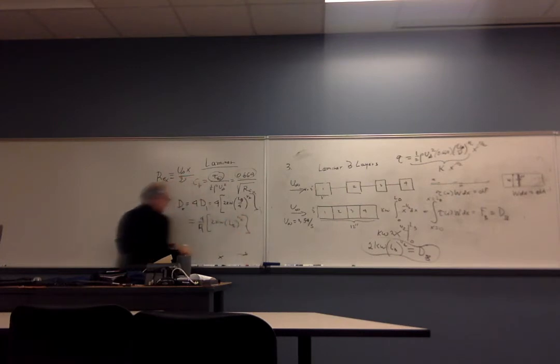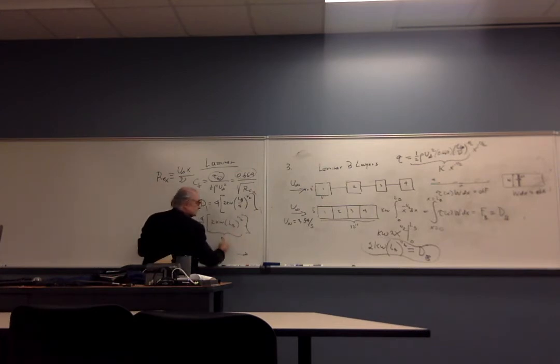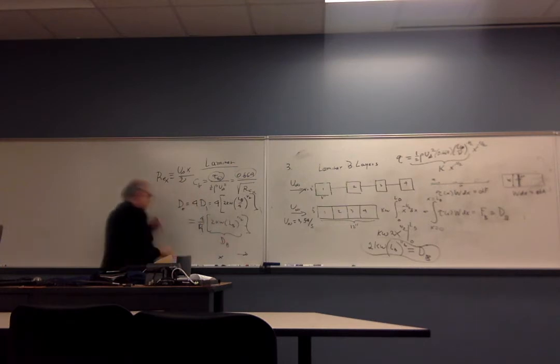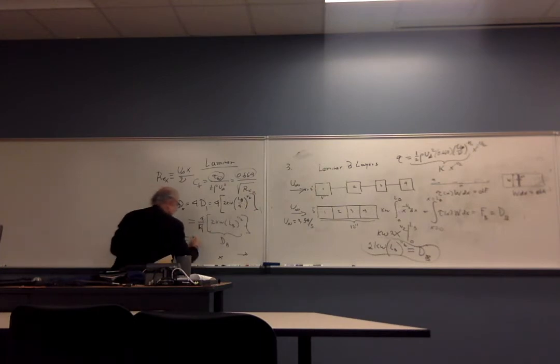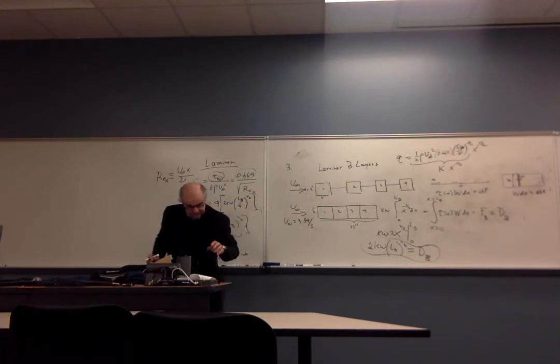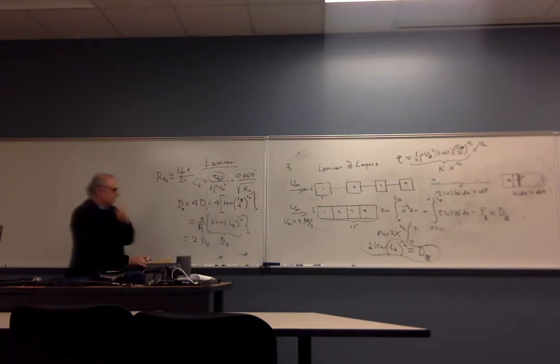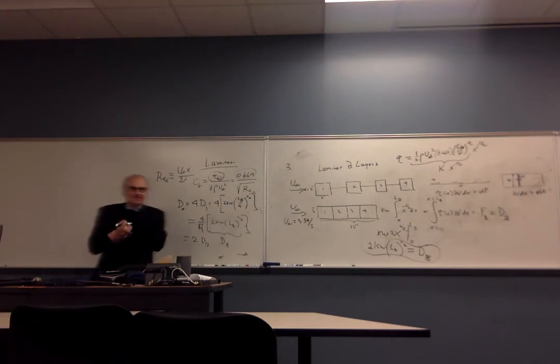You have to check me. But this is D sub B, twice. Therefore, this is 2 times D sub B. Is that the result I had last time? Yes, it is. So without actually calculating any numbers, we were able to get the answer. That's a nice trick.